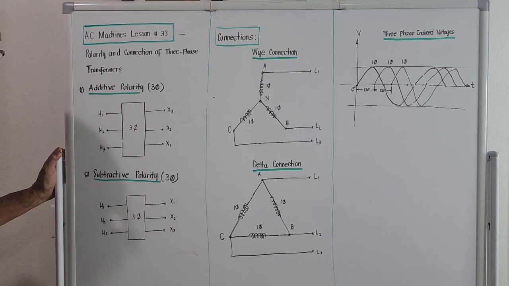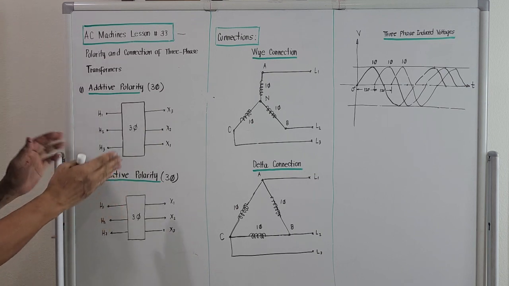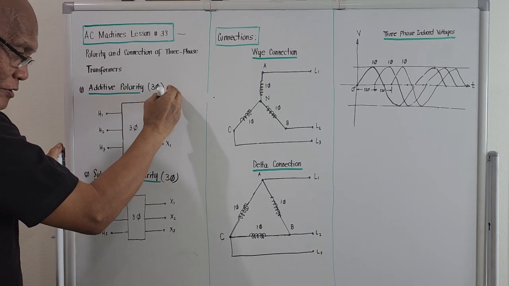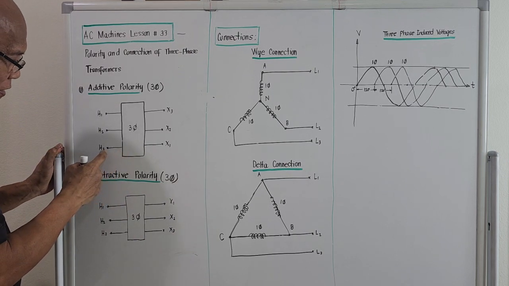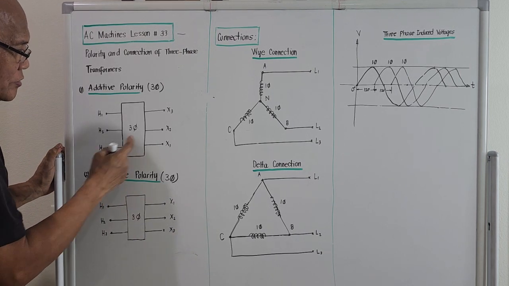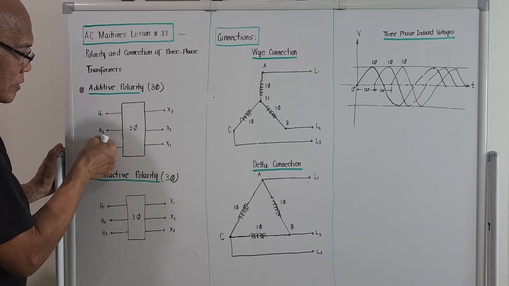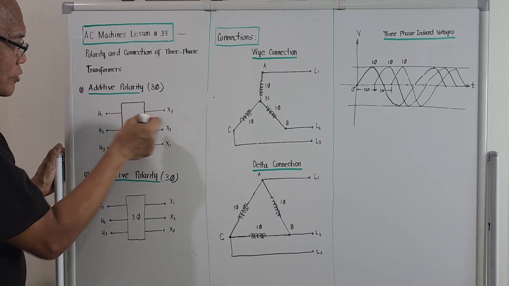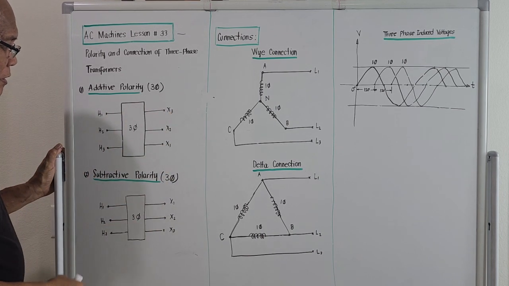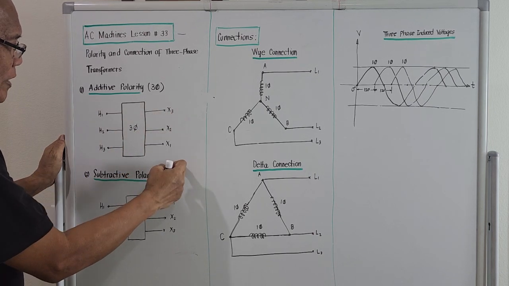For the polarity to be additive, we interchange the connection on the secondary. We alternately place H3 opposite terminal 1, H2 opposite 2, and H1 opposite 3. So this is 1, 2, 3 and this is 3, 2, 1.